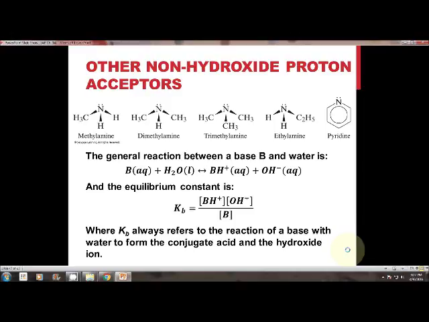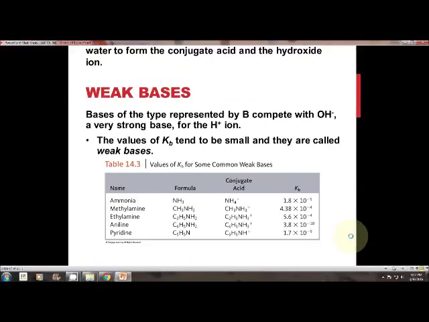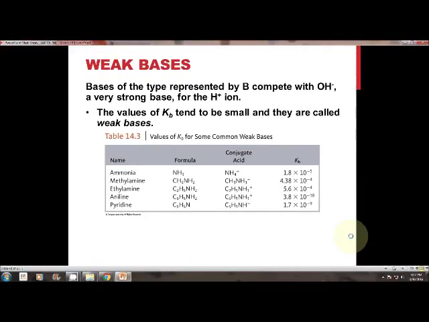You don't include water because it is a liquid. Weak bases can be represented with these Kb's because they don't dissociate as well, just like weak acids don't dissociate as well.